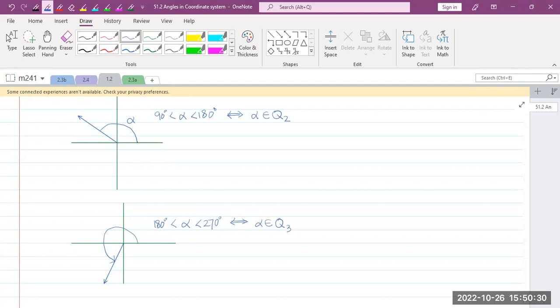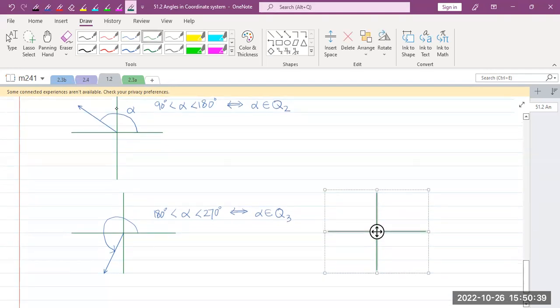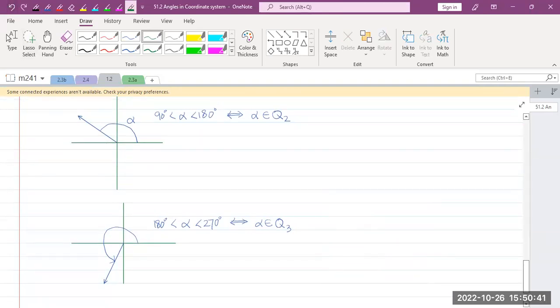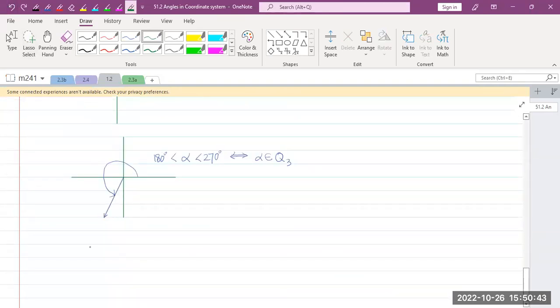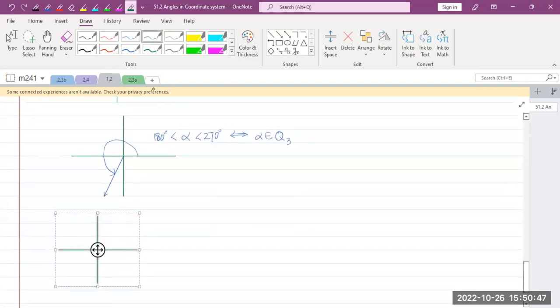And finally, if the terminal side is in quadrant 4, then the angle must be more than 270 degrees but less than 360 degrees.